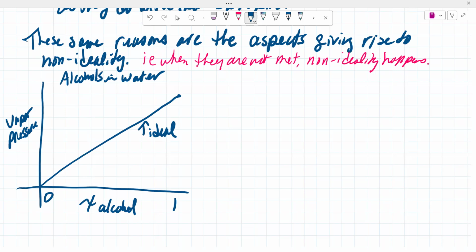So if an alcohol were ideal, or you could think of it as the ideal solution, which of course doesn't exist, but it's always nice to dream, right? Now we're going to take a look at some different curves. So we've got methanol, ethanol, and 1-propanol.